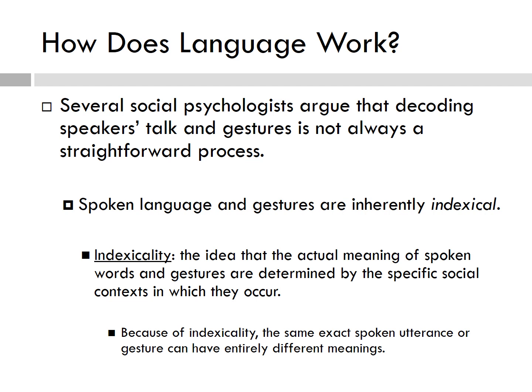Because of the indexical nature of language, people use the social context in which talk and gestures occur to determine what the talk and gestures actually mean. For example, consider the utterance, "Hey girls, the drinks are at my place across the street, come on over." The utterance is indexical because it can mean a variety of things depending on who says it and in what context they say it.